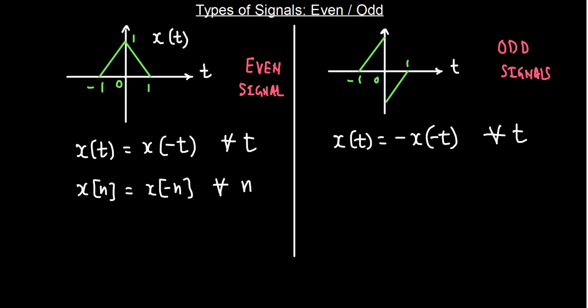Its discrete time equivalent can be represented in a similar fashion as x of n equals to minus of x of minus n, and this must be true for all the values of n. If that is the case, then it is called as an odd signal.